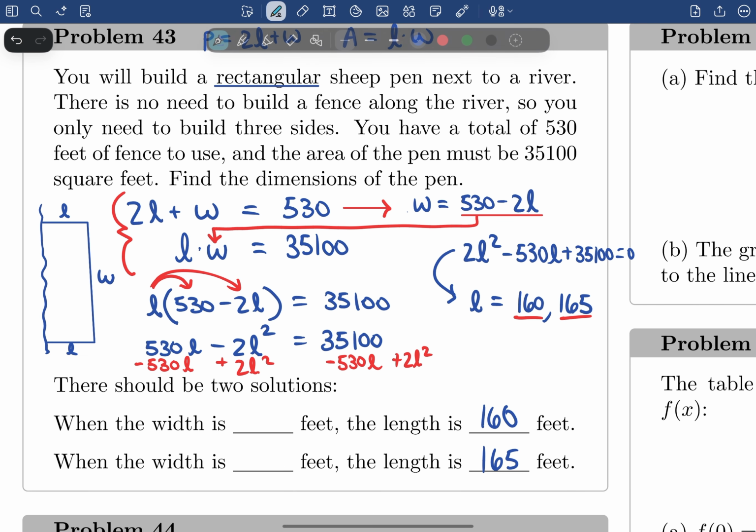Okay, so I end up with this statement that says the width is equal to 35,100 divided by 160. And then I do the same thing, 35,100 divided by 165. Those are my two solutions. Cool. So let's go ahead and compute those really fast.